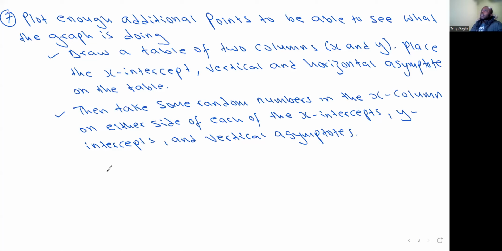So when I've done that, I will then find the corresponding values of Y by substituting them into the original function.